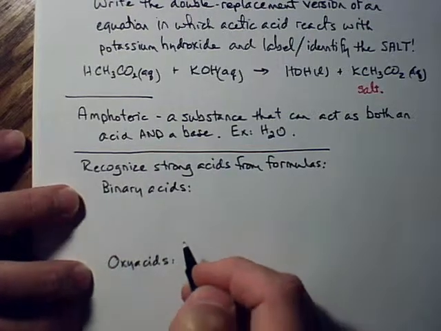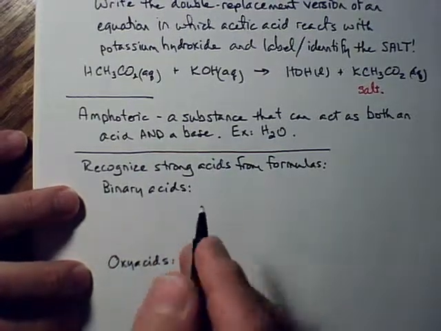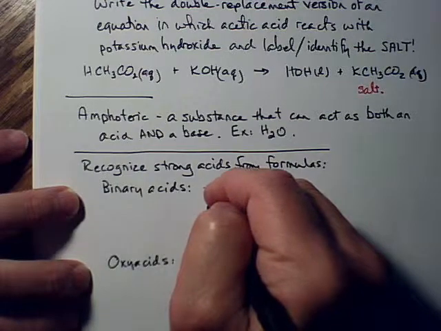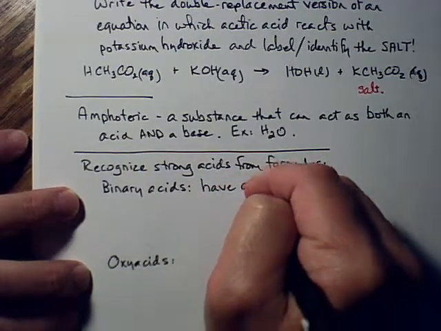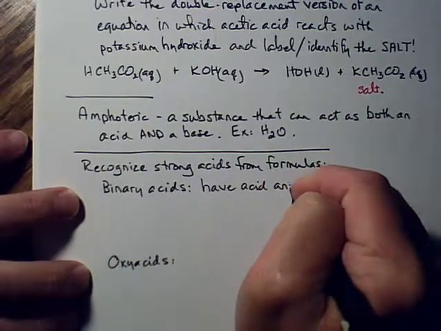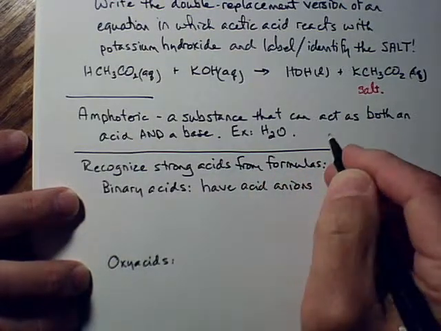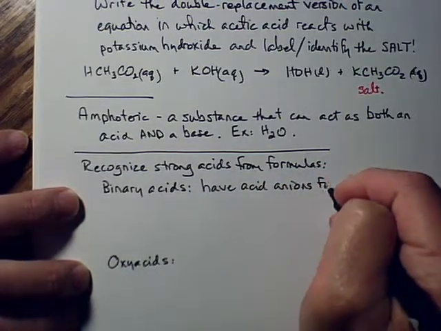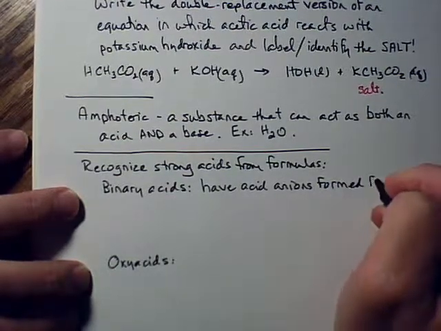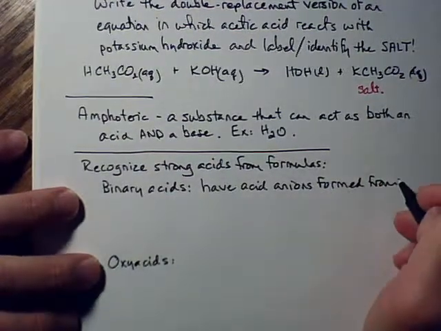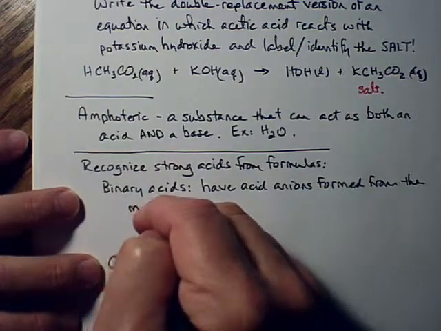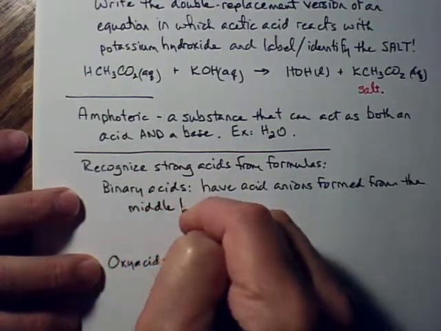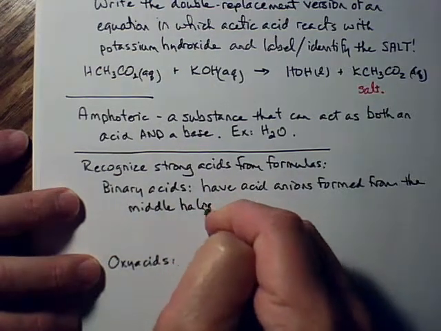Now, the strong binary acids have acid anions formed from the middle halogens.